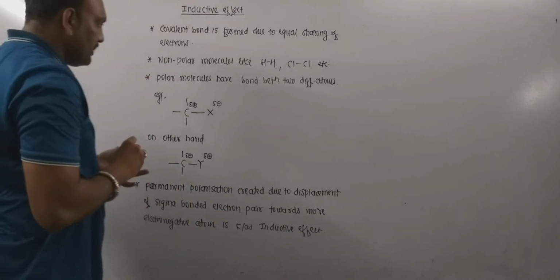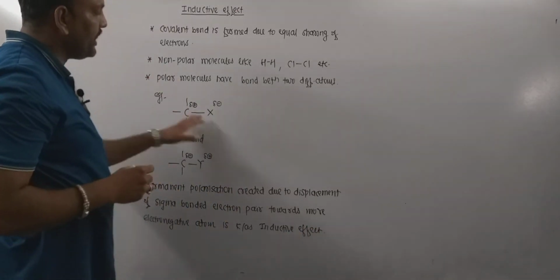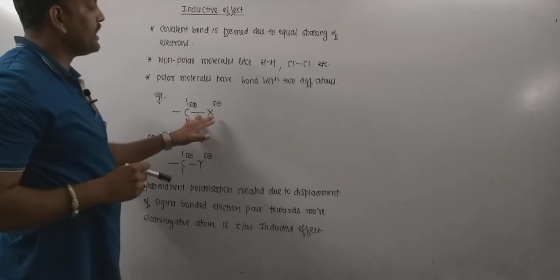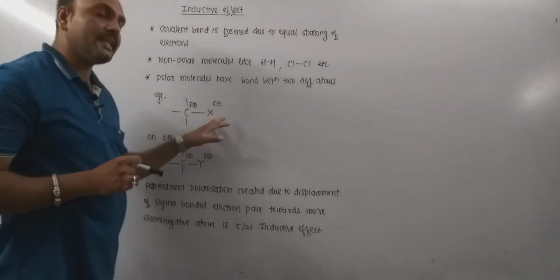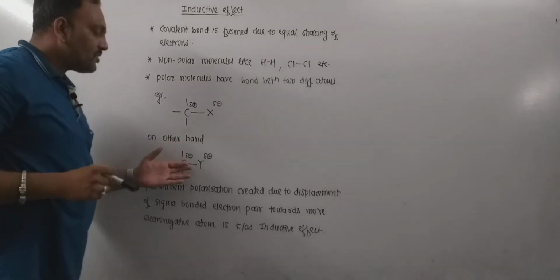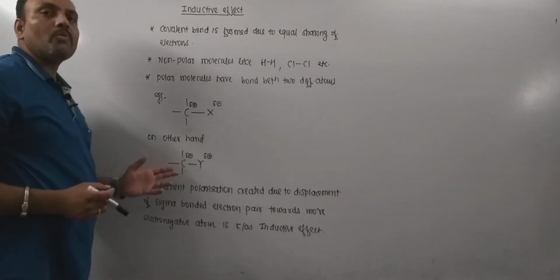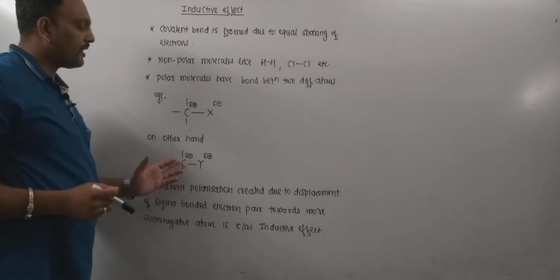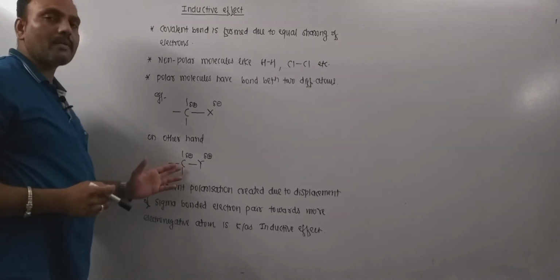Now consider these two cases again. Here the electron pair gets shifted towards X, as we considered X is more electronegative than carbon, and in this case carbon is supposed to be more electronegative, so this electron pair gets displaced towards carbon.